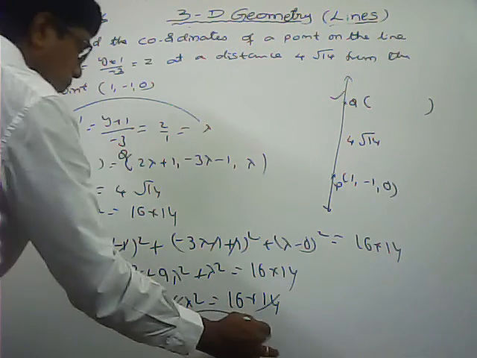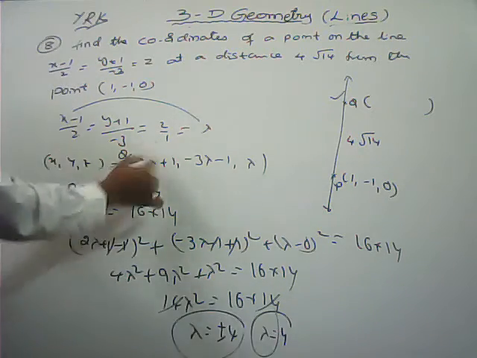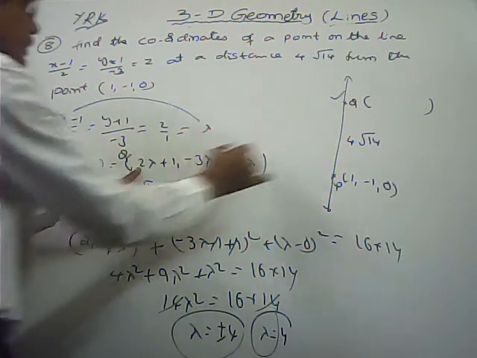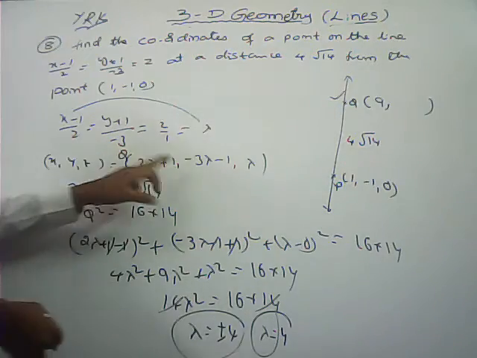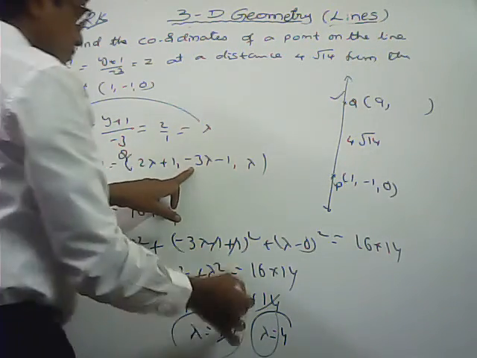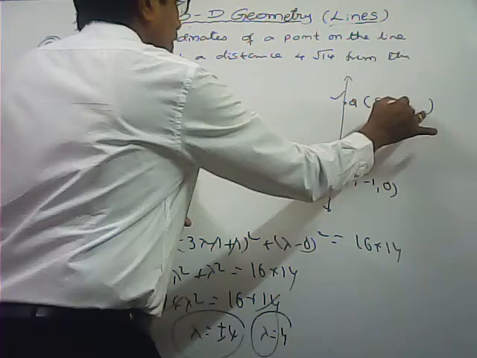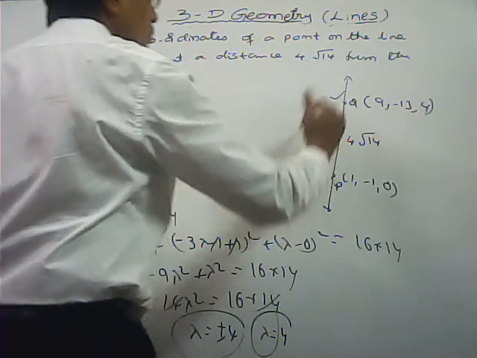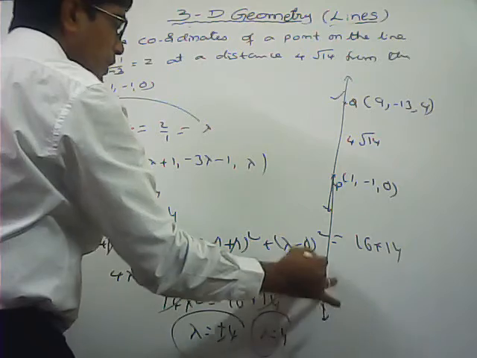First you can put lambda equal to 4. Then you will get 1 point: 4 twos are 8, plus 1 is 9; minus 12, minus 1 is minus 13; 4. That is one, a forward point. Another point is a backward point.